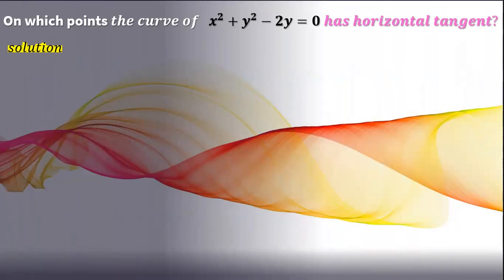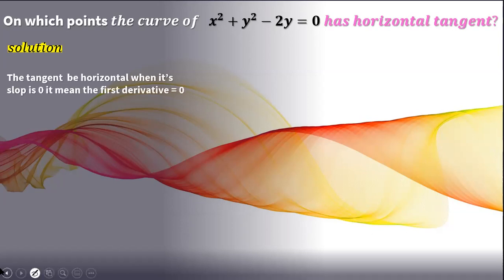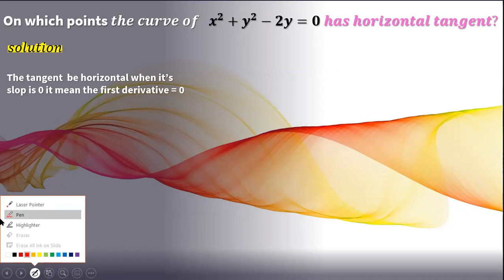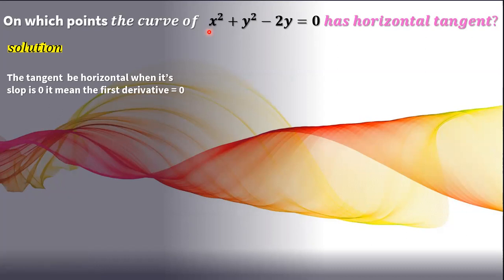Horizontal tangent when the slope equals 0. Slope is the first derivative. So we have to get the first derivative and equal it to 0. This is an implicit derivative. We have 4 terms.